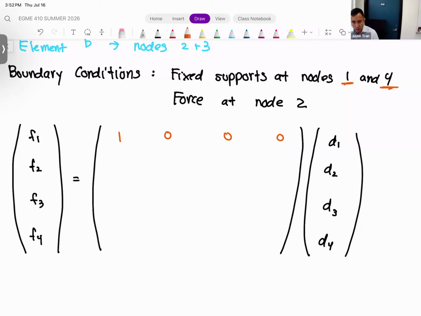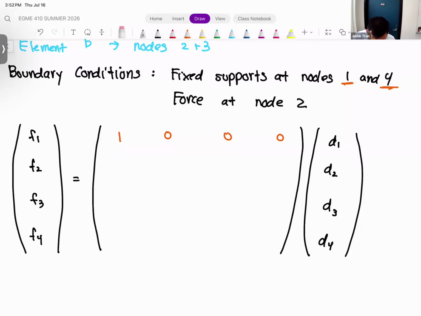We apply zeros in every entry of the row, except for the entry on the main diagonal, where the column matches the row, and there we put a 1.